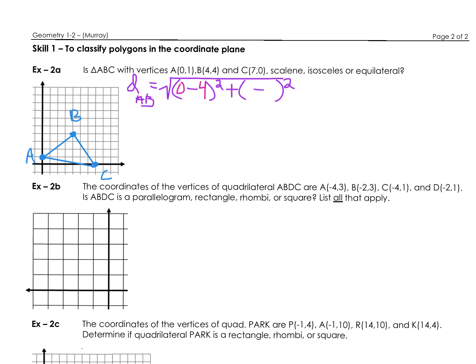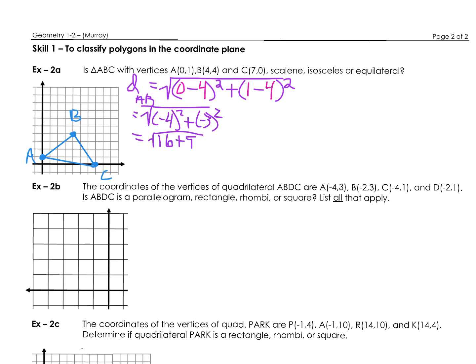And I know that my y's are 1 and 4. And then I'm going to perform the math. So 0 minus 4 is negative 4 squared, plus 1 minus 4 is negative 3 squared, and negative 4 squared is positive 16.